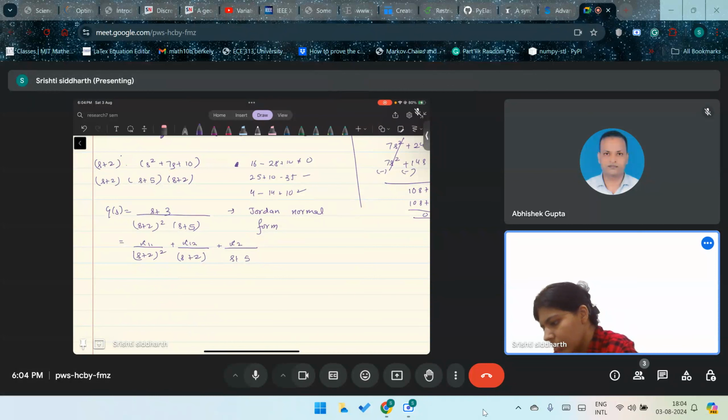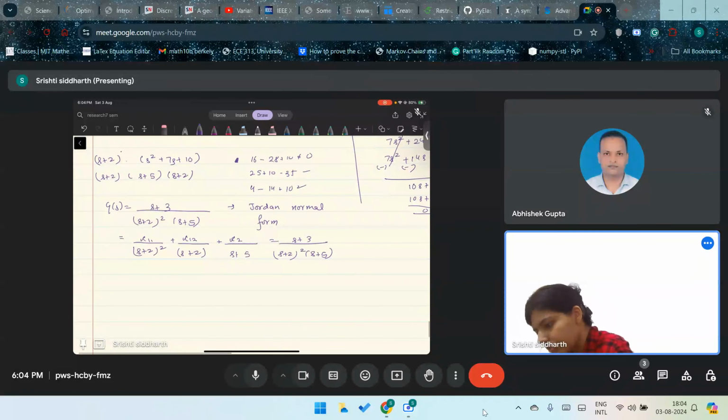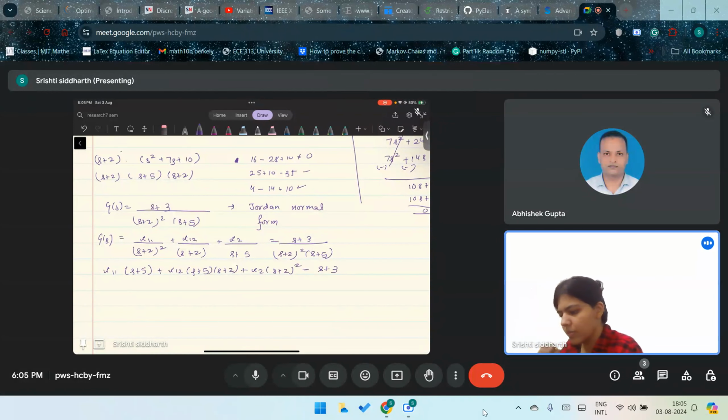Okay, so this is going to be (s plus 3) over (s plus 2) squared (s plus 5). Now let's expand both sides. This is going to be c11 (s plus 5) plus c12 (s plus 5)(s plus 2) plus c2 times (s plus 2) squared equals s plus 3.